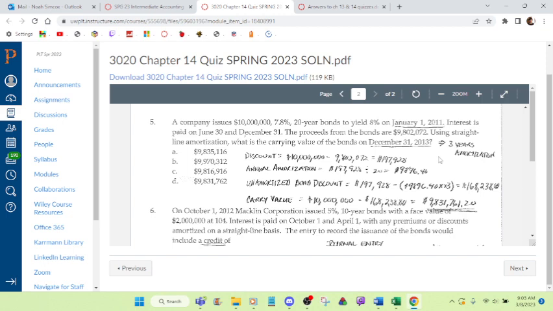Because it's straight line, it doesn't matter that there's 2 payments a year. He's just calculating annual amortization. I should get the same answer regardless of whether I was talking about monthly or semi-annual or annual payments.